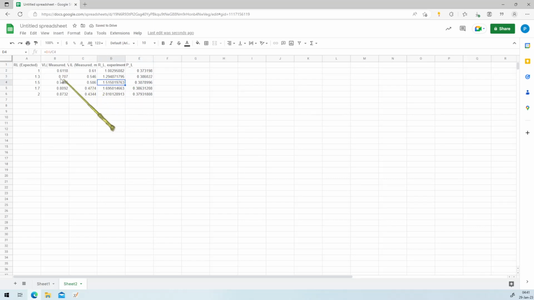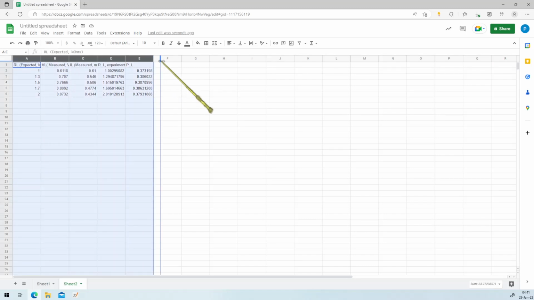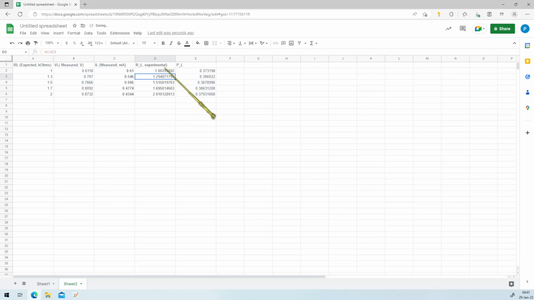But now we will have a unit problem, because this should be in kilo ohms. And then this RL is also in kilo ohms, but we may change to ohms by multiplying by 1000.